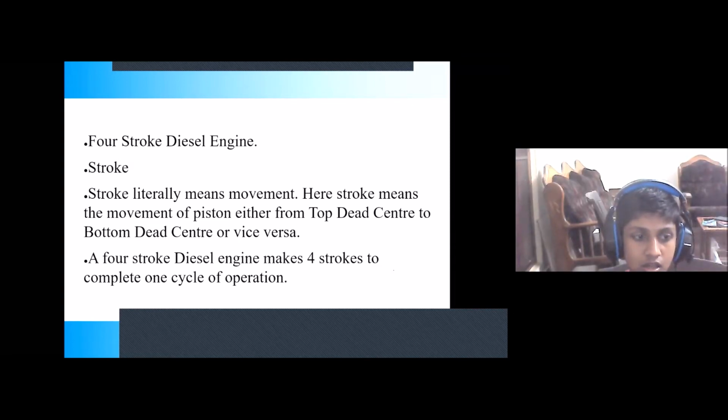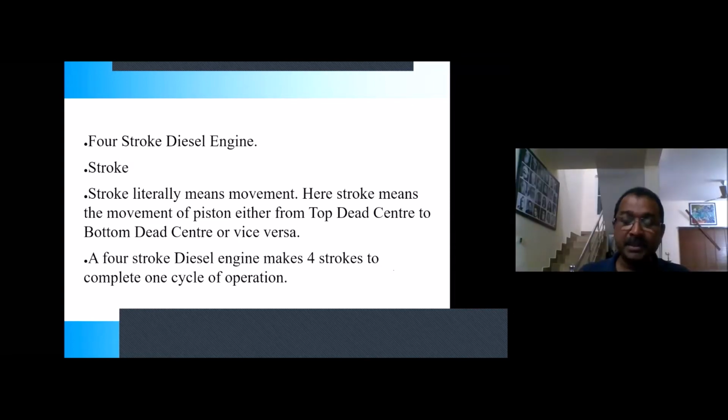That point can be called TDC, top dead center. There are 2 points, bottom dead center and top dead center, as far as piston movement is concerned. So one stroke means the movement of the piston either from TDC to BDC, that is one stroke. If it moves from BDC to TDC, that is another stroke, the second stroke.